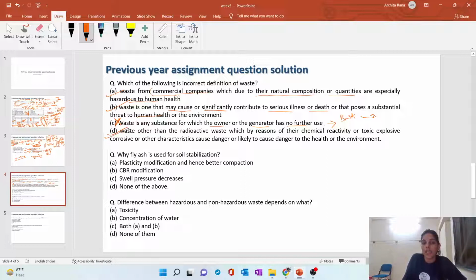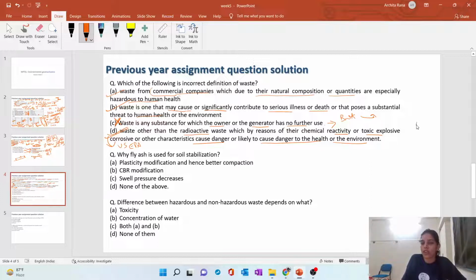And the last one is actually a definition that is supported by US EPA or UN. It is that waste, except radioactive waste, which has chemical reactivity or toxic, corrosive nature and causes danger to health.